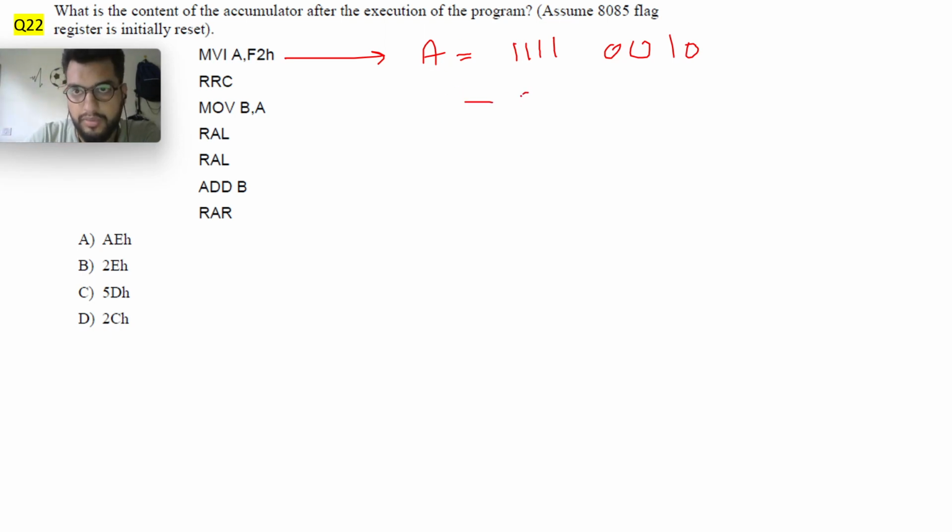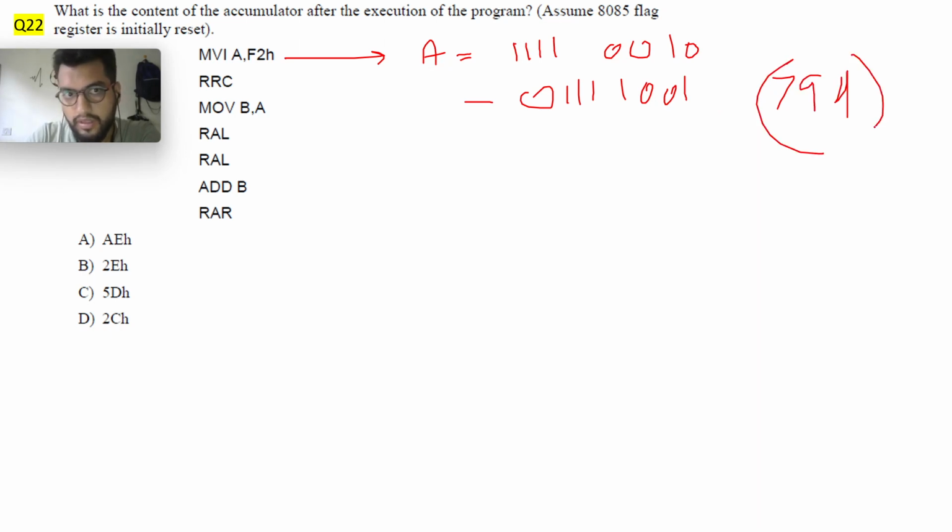So it becomes 0111 1001. So that is 7 and 9, 79 hex. So A becomes 79H. Then we have MOV B, A. So the contents of the accumulator get moved to B. So B becomes 79 and A is 79 as it is.